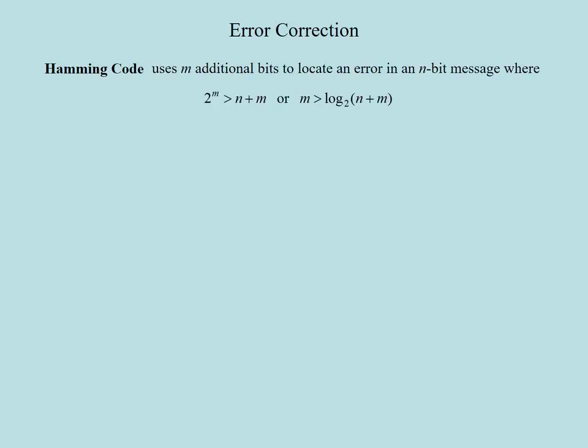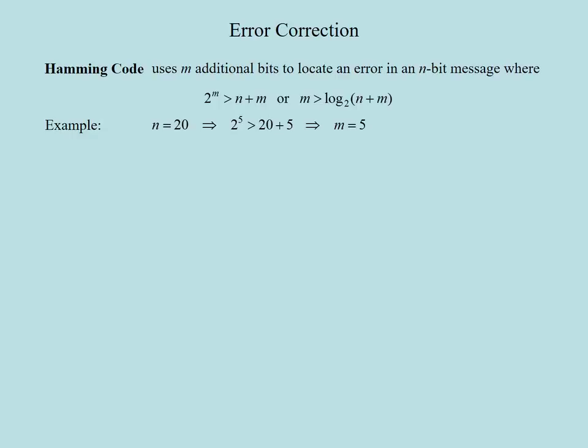You can also express this relation between n and m as m being larger than the logarithm on base 2 of n plus m. For example, for 20 bits of data, 5 more bits are required as 2 to the 5 is larger than 20 plus 5.